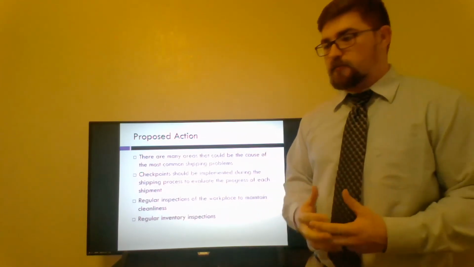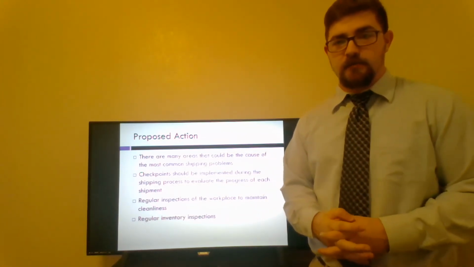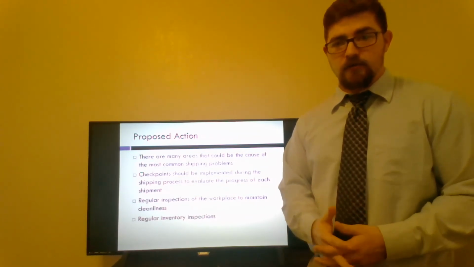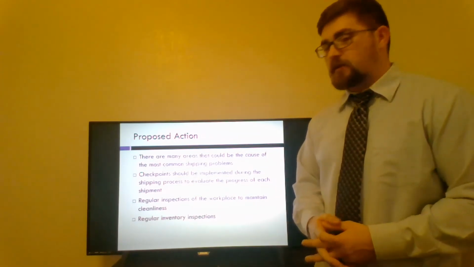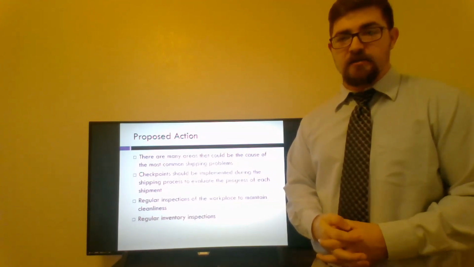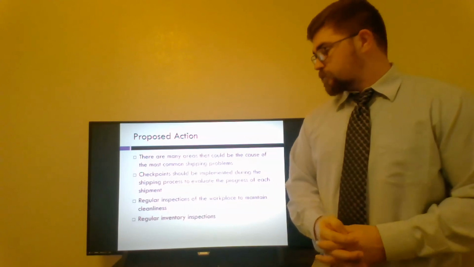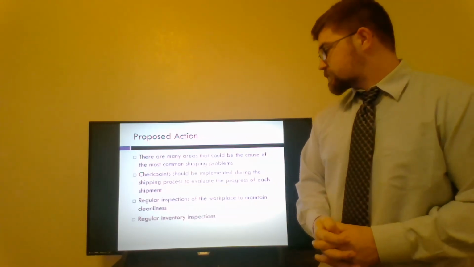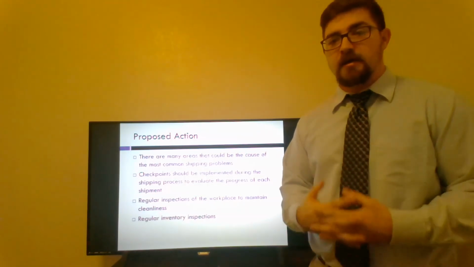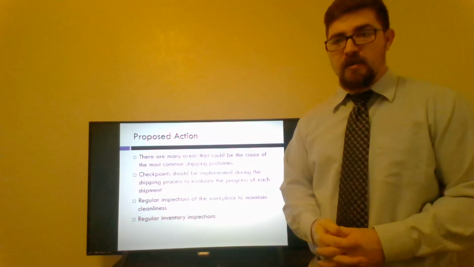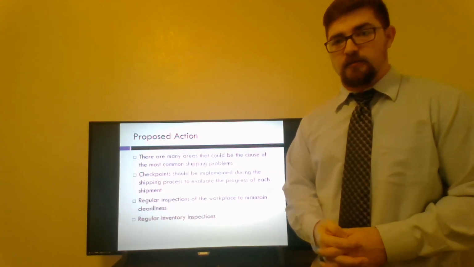This keeps, one, the warehouse clean, but two, it makes sure that you're on top of all your parts and all your tools and equipment so that you never miss anything. It's a lot easier to maintain all your inventory that way. And these three things would really help as far as keeping things on time and maintaining the three major delays that the products are having.